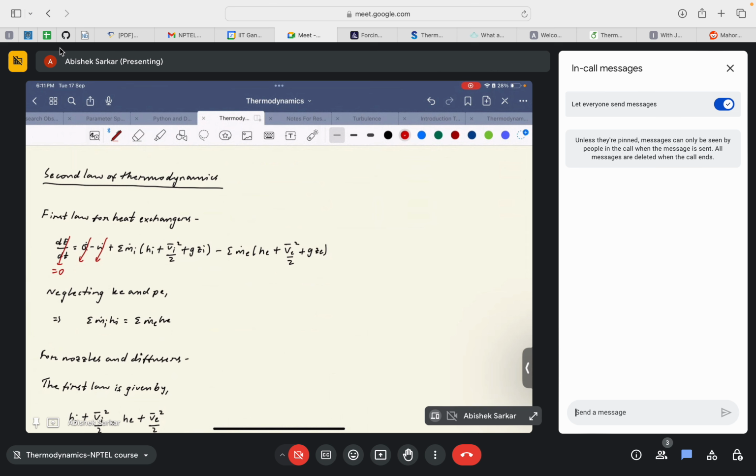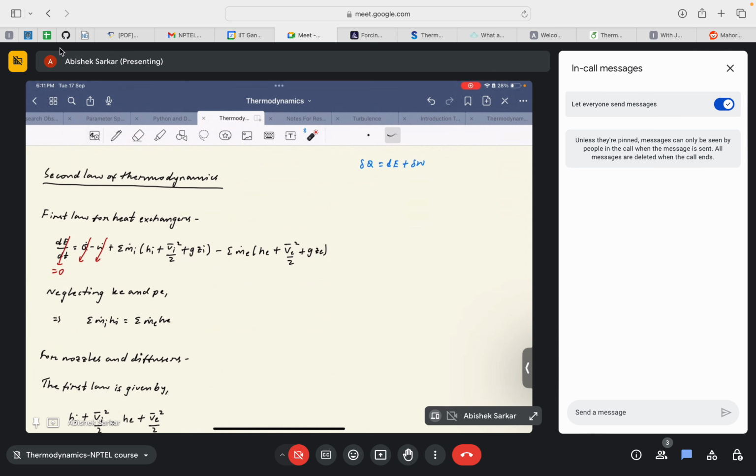So, if you recall, the first law of thermodynamics was basically given by delta Q is equal to dE plus delta W. It's a way to understand that from the first law of thermodynamics, the thermodynamic property that came into picture was the internal energy, or the energy of the system.